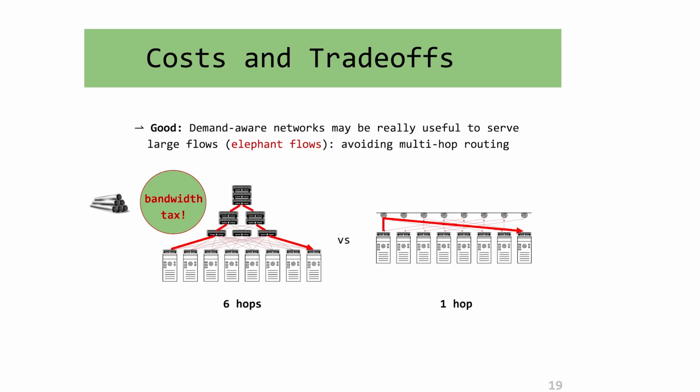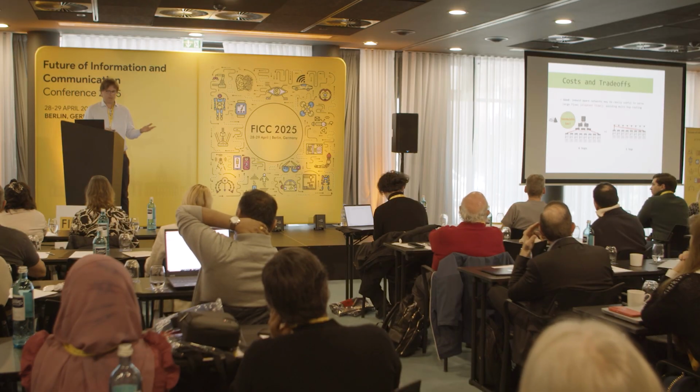What is good about these demand-aware networks is, if you have a very big flow, what they call an elephant flow, a big traffic going from the very left of your data center to the very right, like this red flow here, that will consume a lot of bandwidth because you go all the way through the data center. So it would be much better if you have a direct connection or only a single hop, and then the flow goes over that. That can save a lot of bandwidth.